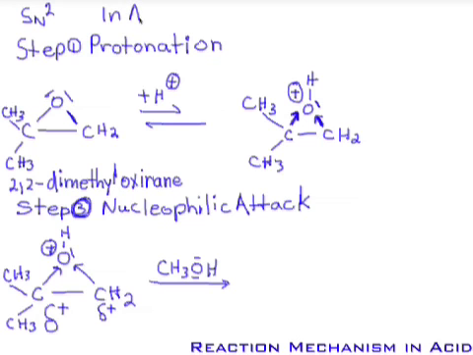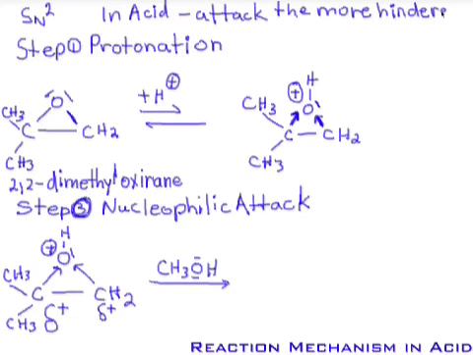So in acid, we attack the more hindered carbon. In acid, you attack by SN2 the more substituted or sterically hindered carbon.